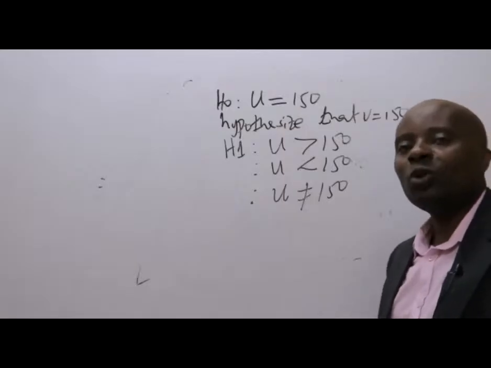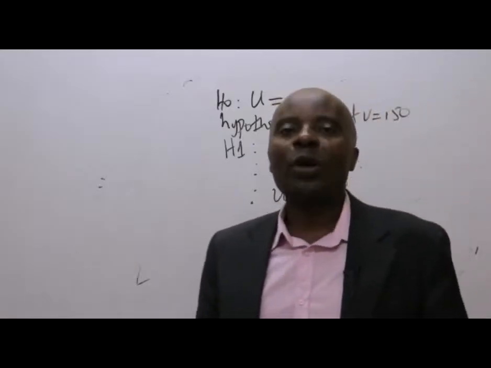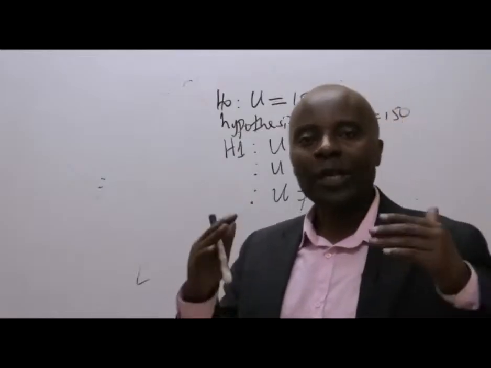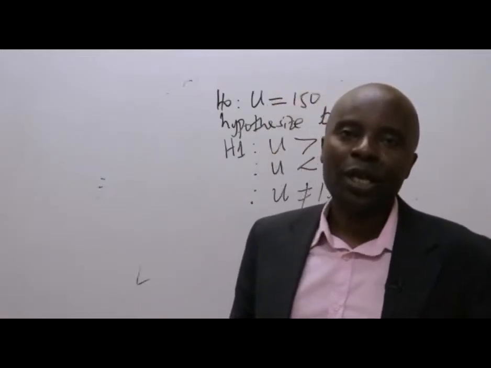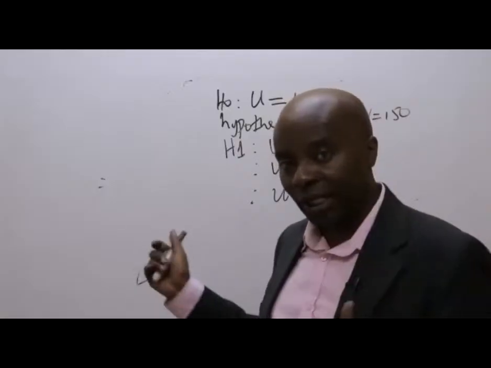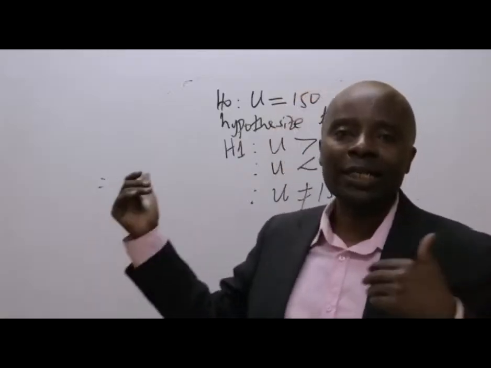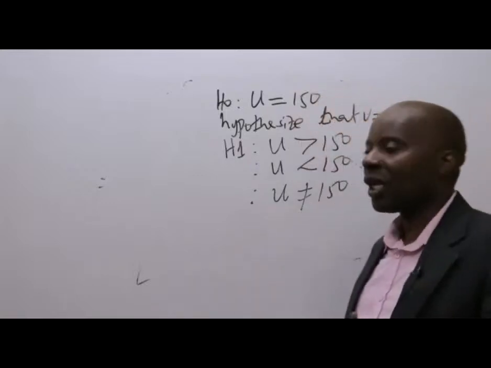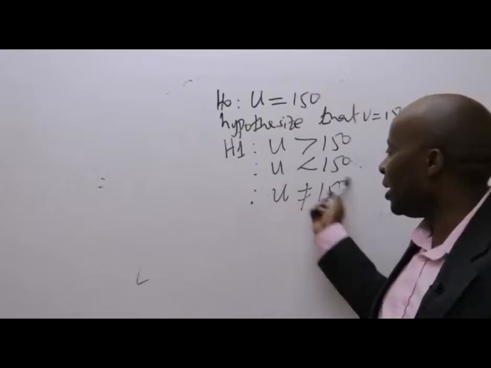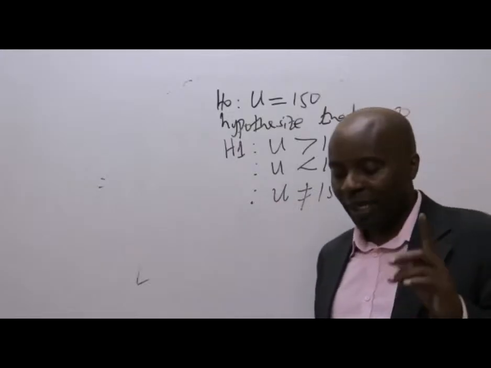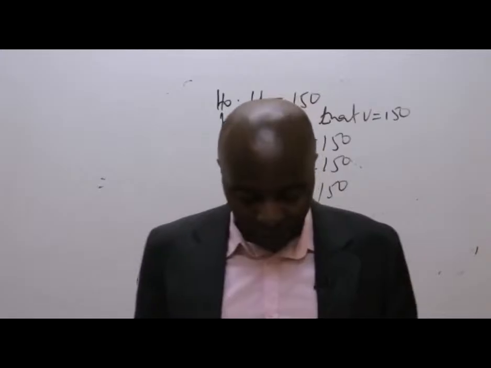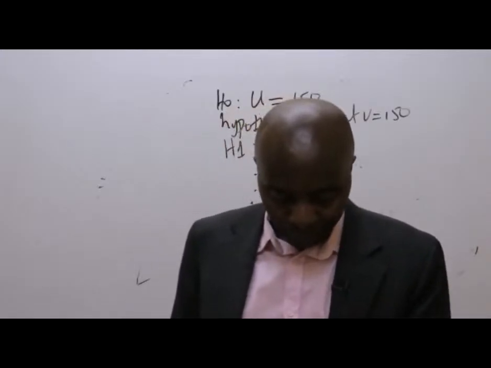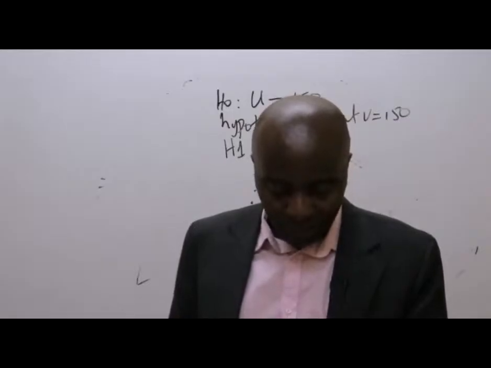When I go to Summit trying to assess the heights of the students, some students will be taller than this, other students will be shorter than 150. So the proper alternative hypothesis that we need to put down is this one here. Give me a title there, the alternative hypothesis.